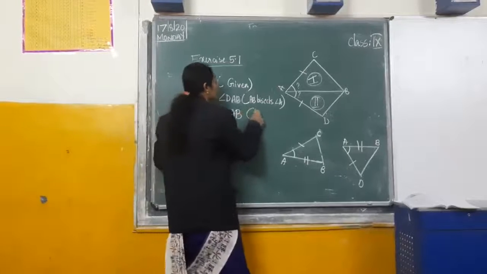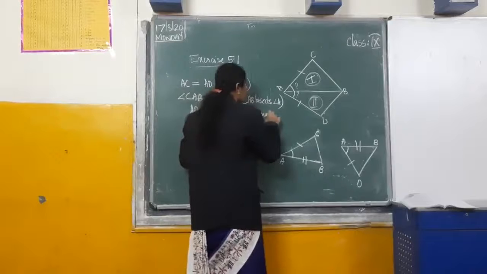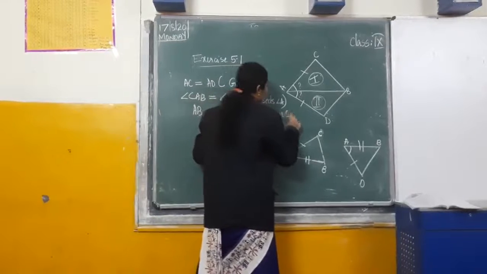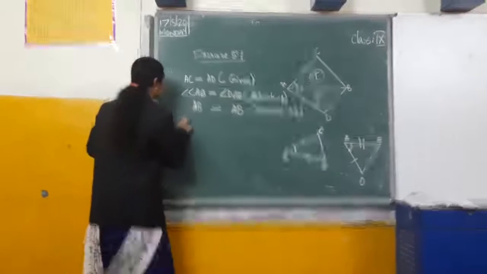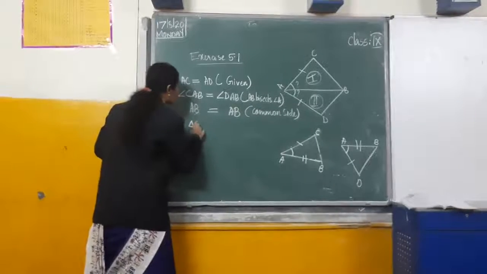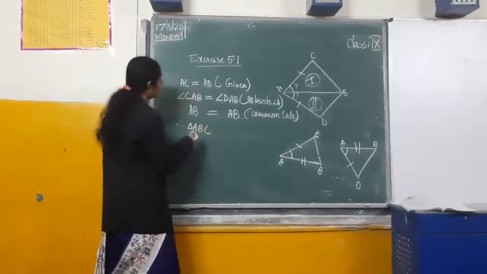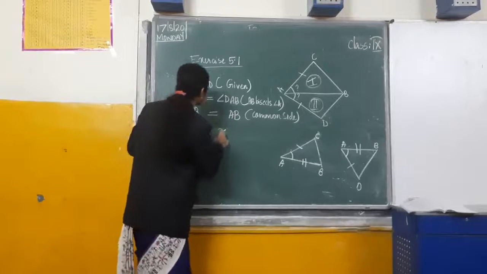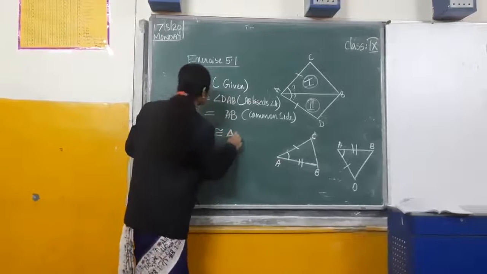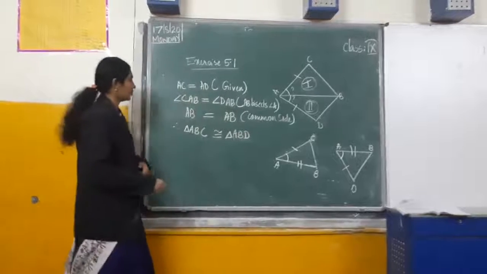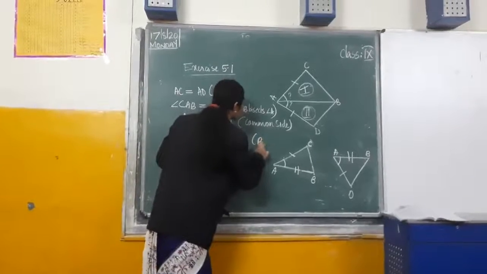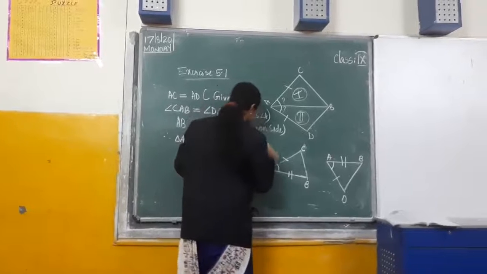That means what is the reason? Common side. So by this rule, therefore triangle ABC is congruent to triangle ABD. By which rule? By SAS.